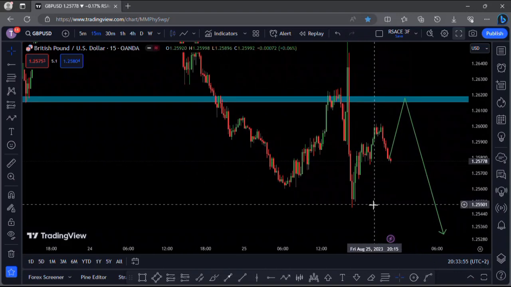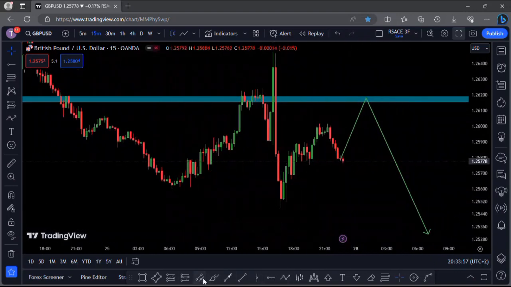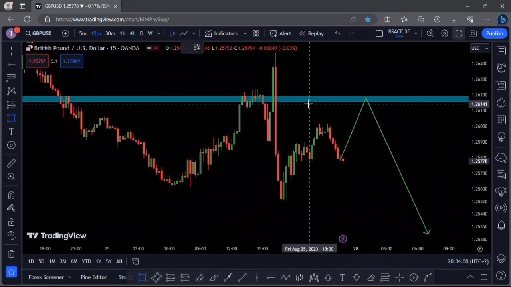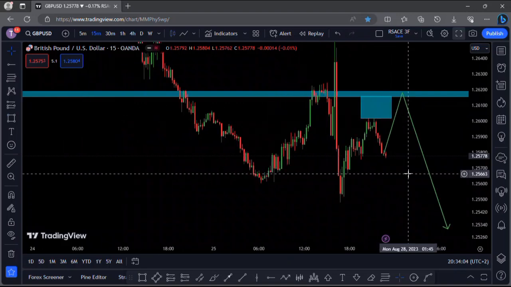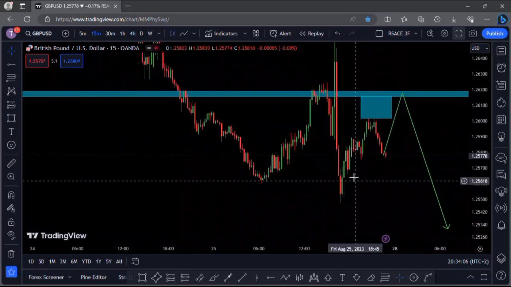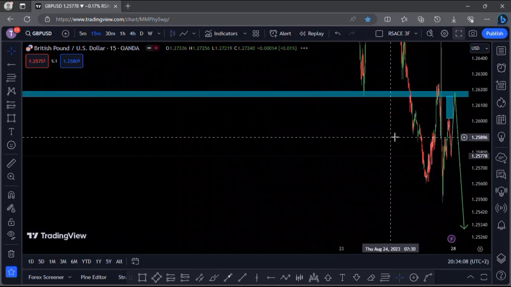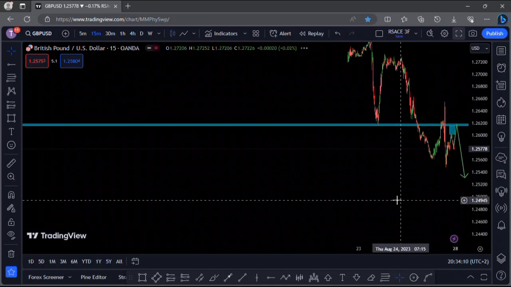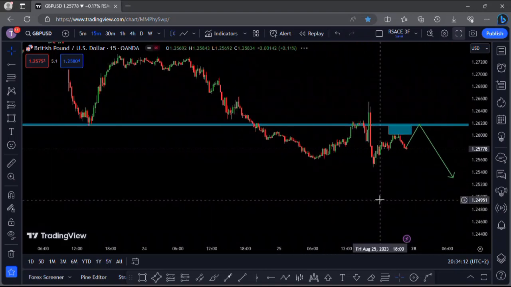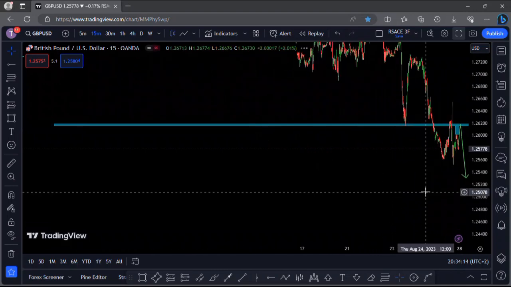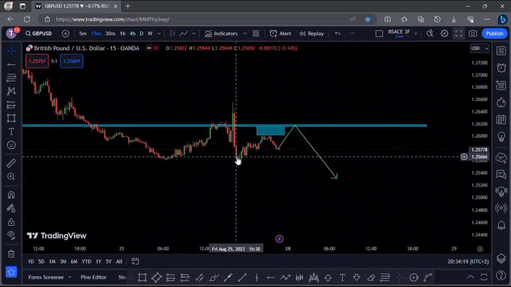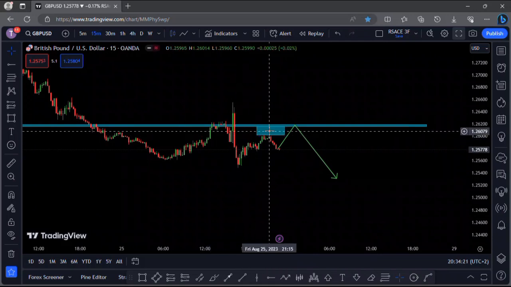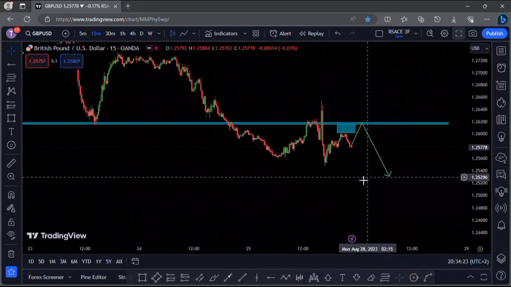Because I don't like entering the market when there is a void like this one. So for me, this one is not my trade. It's not my kind of setup, because look what happened. Right after it broke below, it went up again, but it didn't touch.